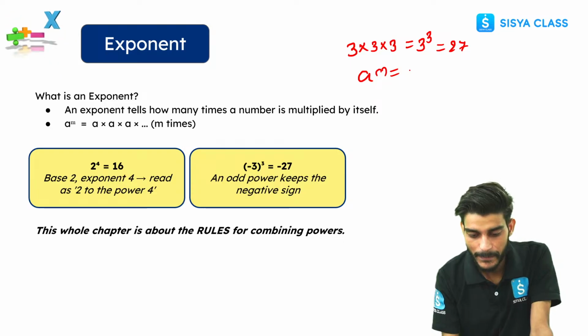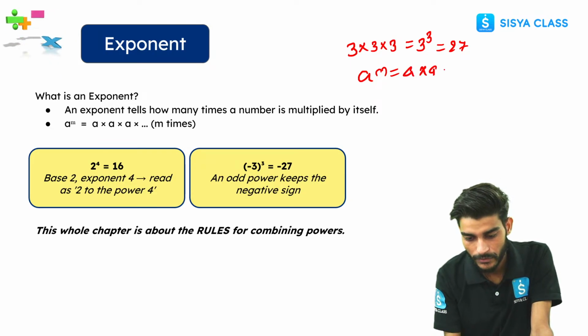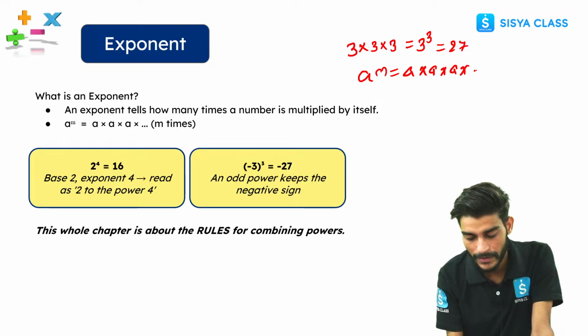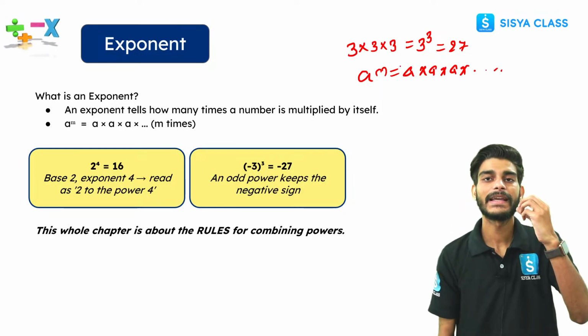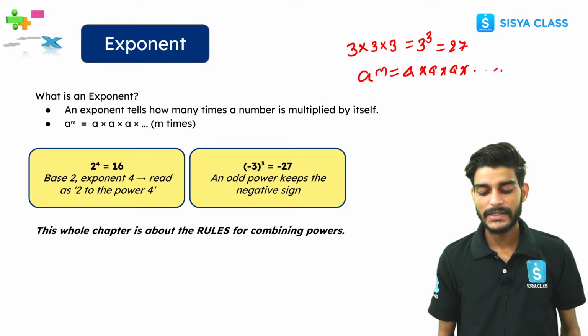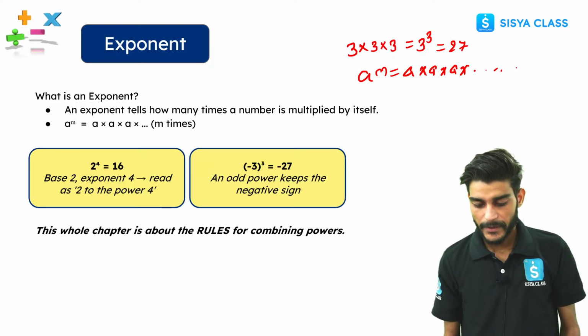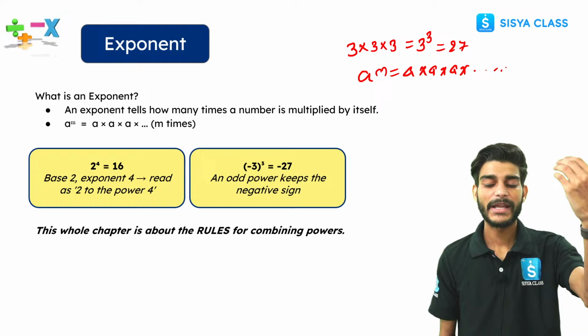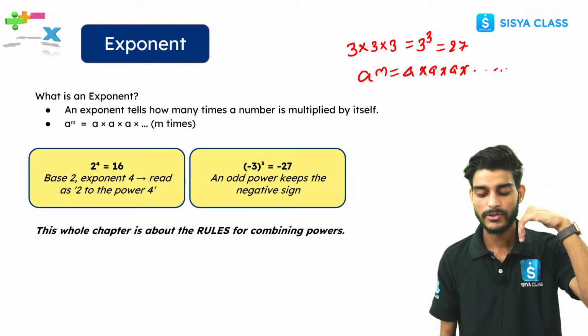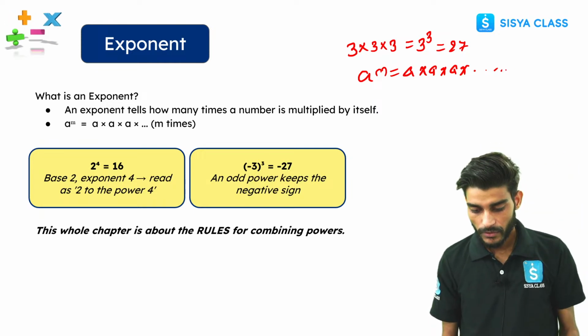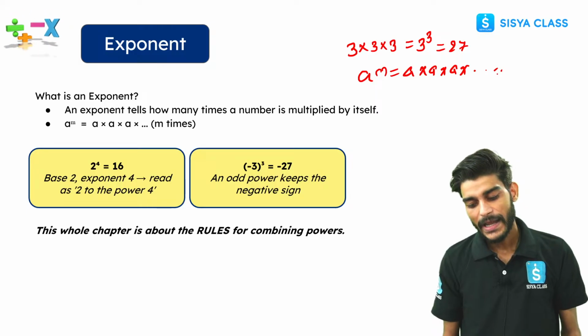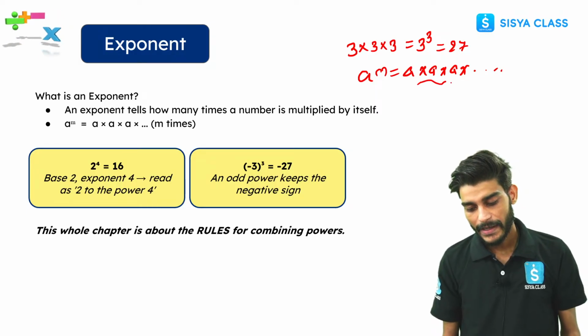Here we have to multiply m times, so a into a into a into a. How many? If m equals 3, we multiply 3 times only. But m can be 10, m can be 20, m can be 50 as well. So m can be any number.